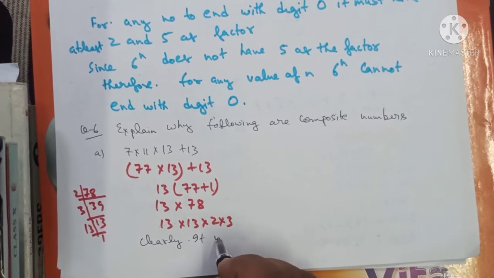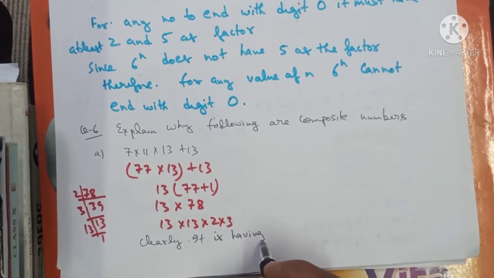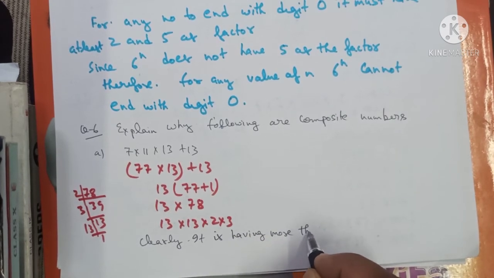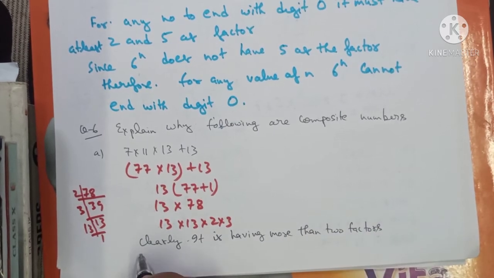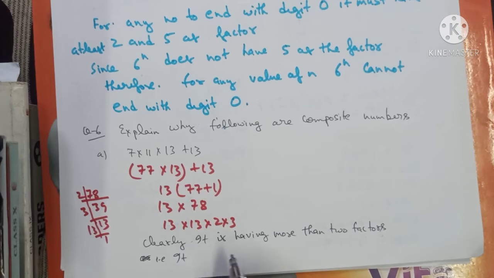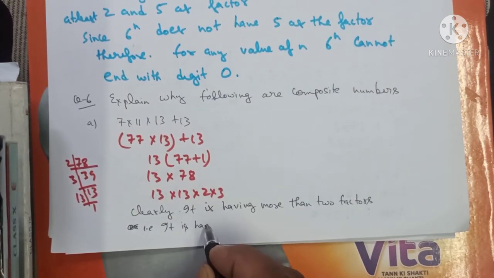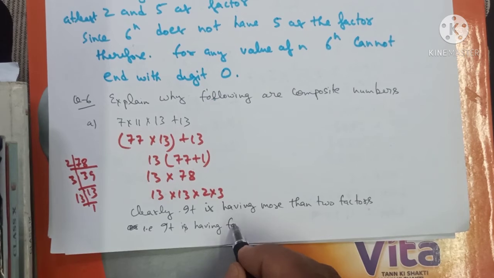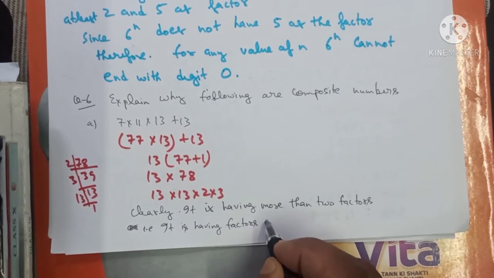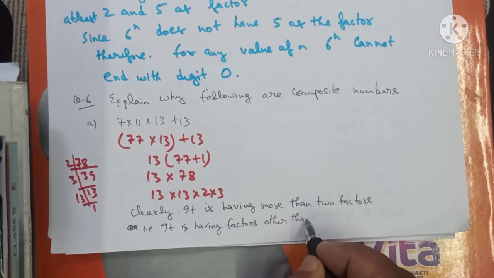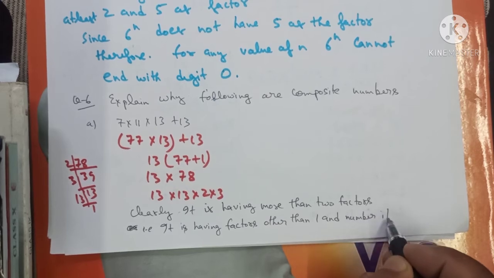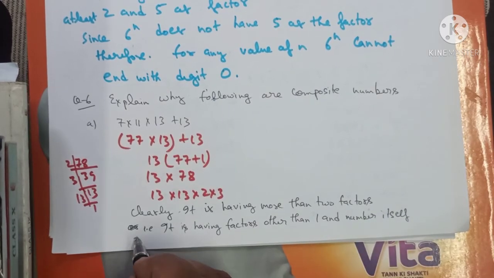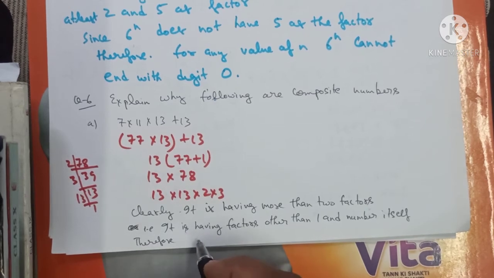It is having more than 2 factors, therefore it is a composite number.